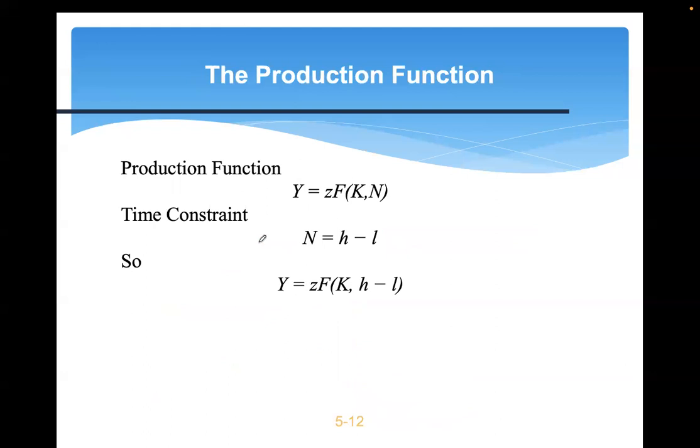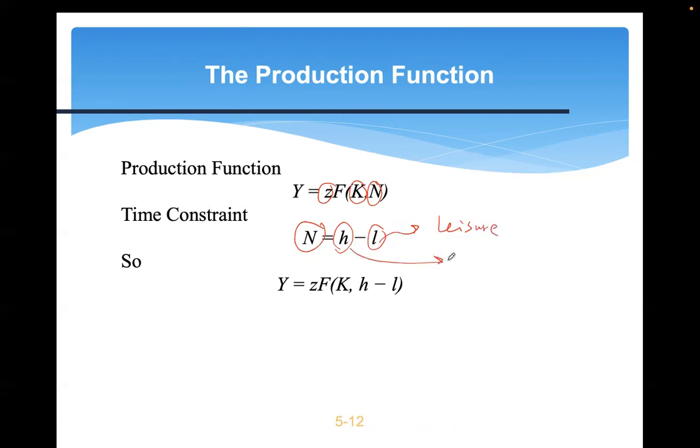Let's first look at production. This is something we have discussed in previous lecture, so now it's kind of a recap. Production: Y equal to Z times F, a function of K and N. And N, this labor supply, equal to H minus L. Remember, L is leisure choice.